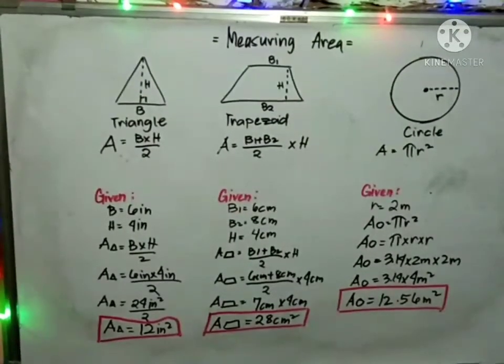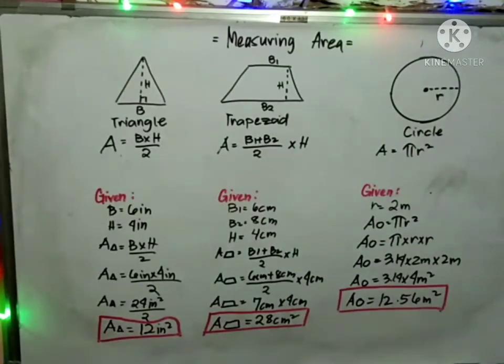So, ganun lamang po kadali kapag tayo ay naghahanap ng area ng plane figure. Para hindi po kayo malito, tandaan lamang po yung formula ng bawat area ng bawat plane figure na yan. After ninyong malaman kung ano ang formula na gagamitin ninyo, try to know what are the given, especially kung ang sasagutan nating problem ay word problem.